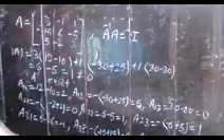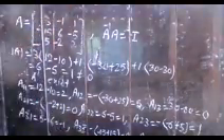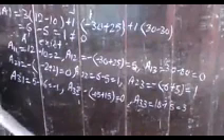Now A33, eliminating third row and third column: 18 minus 15, which is equal to 3. In this way, you find the cofactor corresponding to each element.